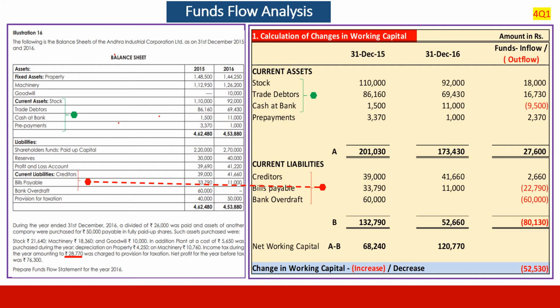Means increase is nothing but outflow. It is funds outflow. Working capital involves requirement of funds to the extent of 52,530. And as we have seen, provision for taxation we will not be considering here. We have already considered it separately.